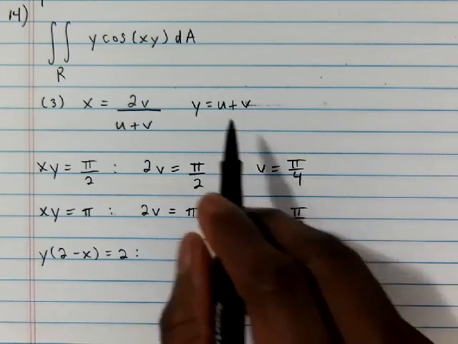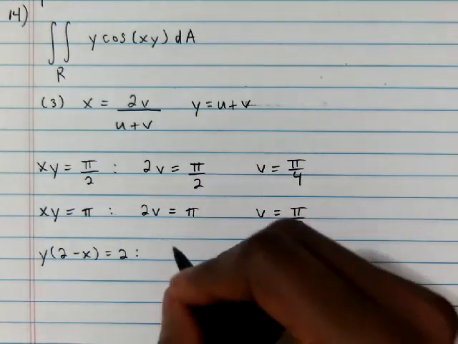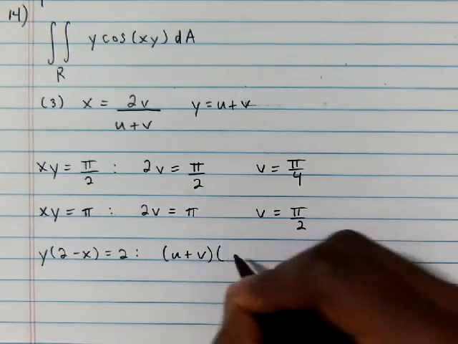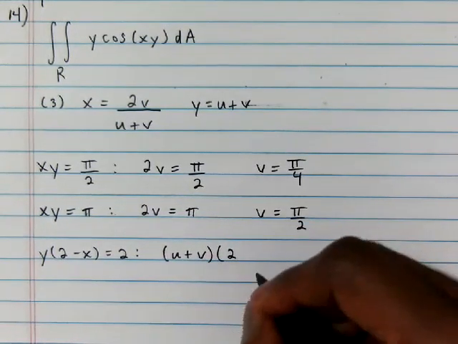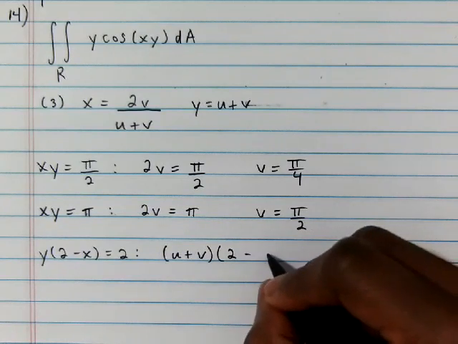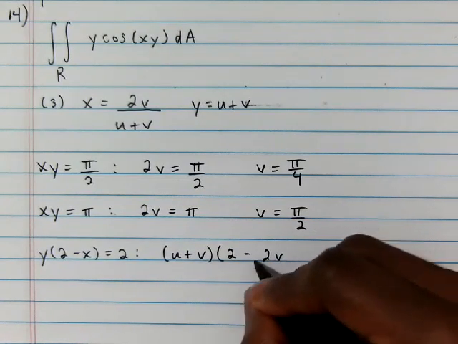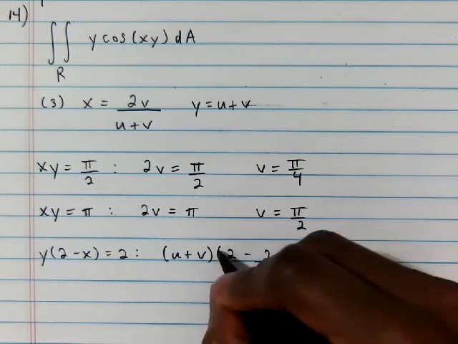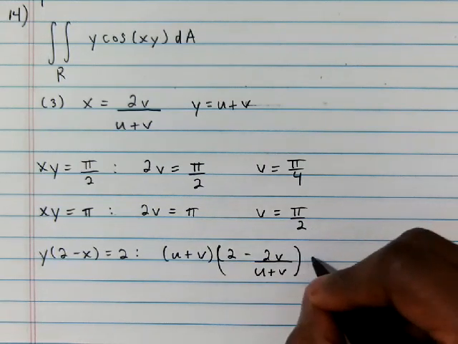So our y is u plus v. So we have the quantity u plus v times 2 minus our x, which is 2v over u plus v, and that equals 2.